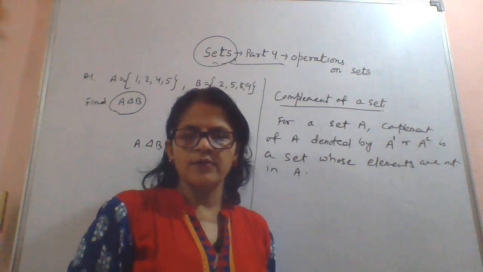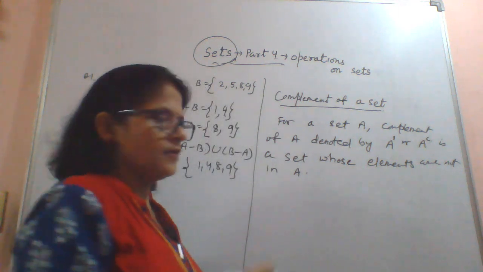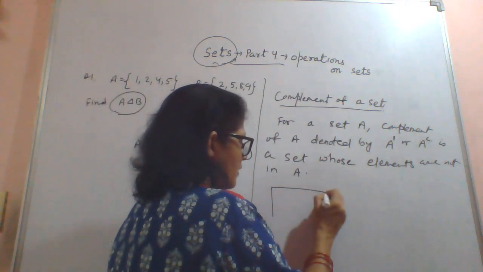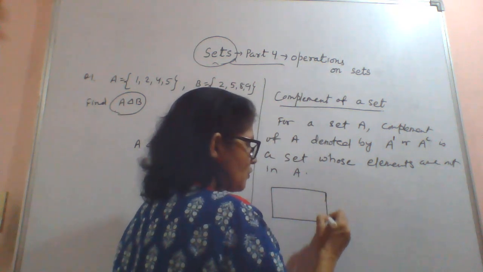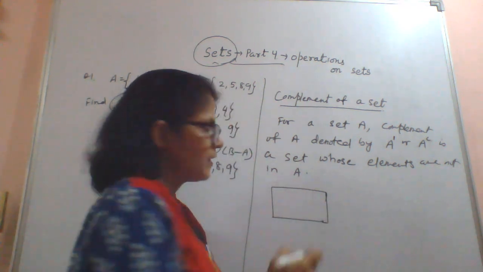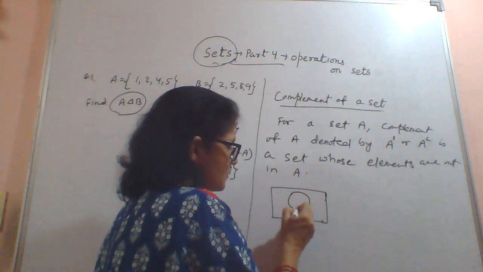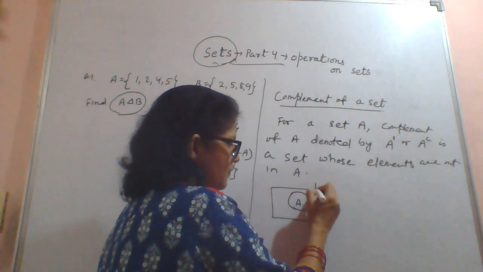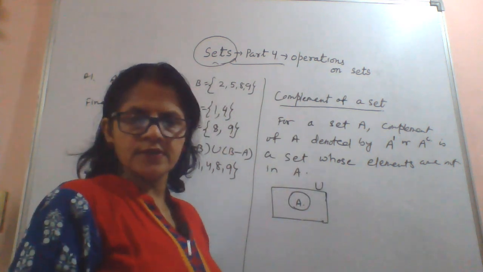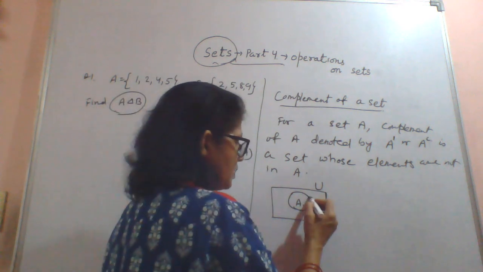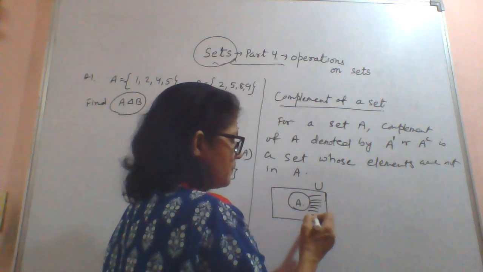Okay, तो A में नहीं होंगे, तो फिर वो कहाँ पे होंगे? So as you know, every set is subset of universal set. So in case I take set A here and this is set U, universal set, A complement means A में नहीं होगा.